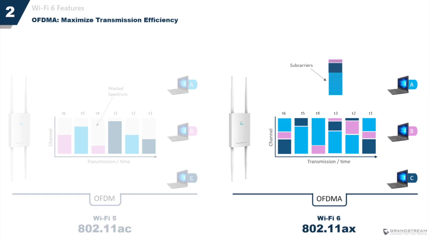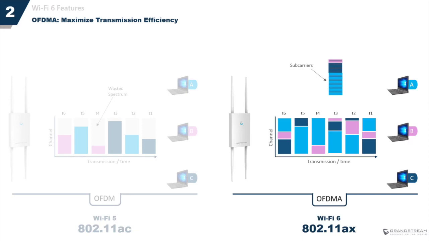These resource units are assigned to different clients, which allows the access point to serve them simultaneously during uplink and downlink transmissions. And the number of RUs assigned to each user depends on the traffic type and the bandwidth capabilities of the client.